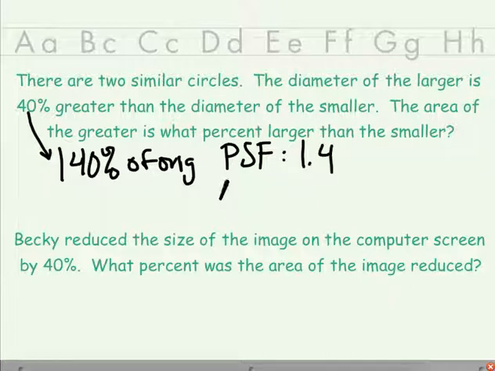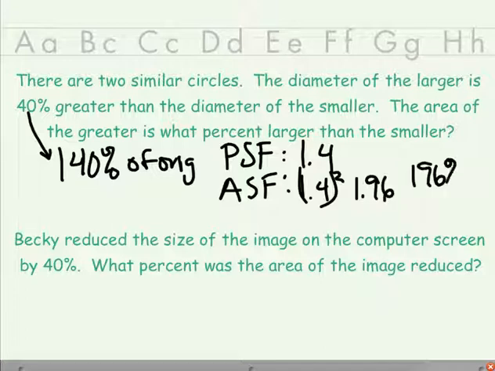Well, my area scale factor then is just 1.4 squared, which is 1.96, meaning I have 196% of the original, or 96% increase. Okay? So we are 96% larger than that smaller circle.